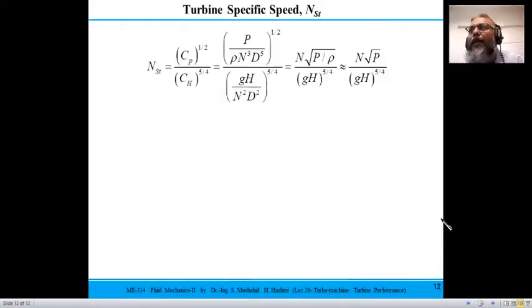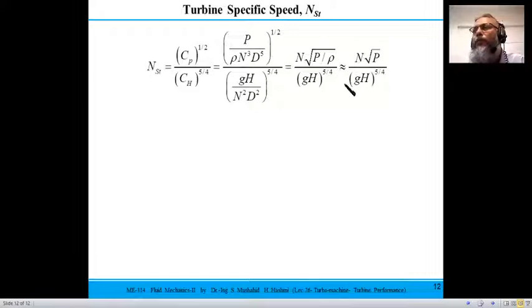And we can see that the idea for classification is based on the turbine specific speed. Similarly, we have a specific speed for pumps. If your power coefficient has a power of 1/2 and the head coefficient a power of 5/4, then you end up with the formula in which P is the power output of the turbine, H is the turbine head available, and N is the speed.